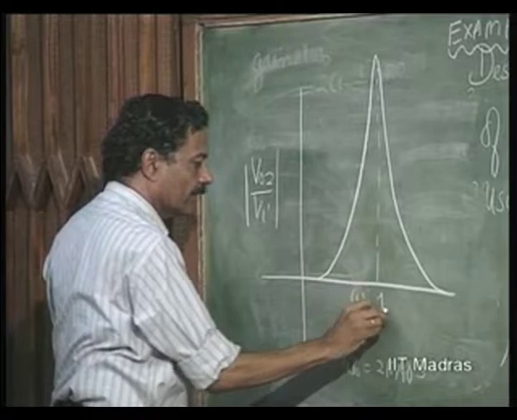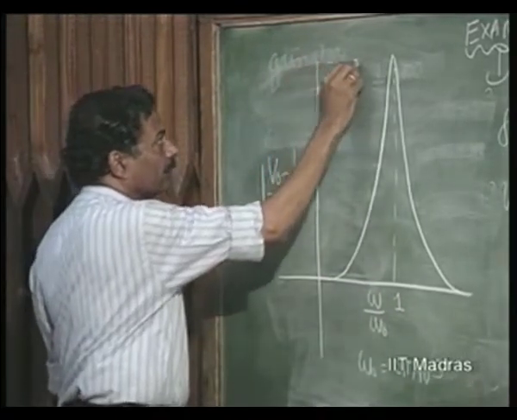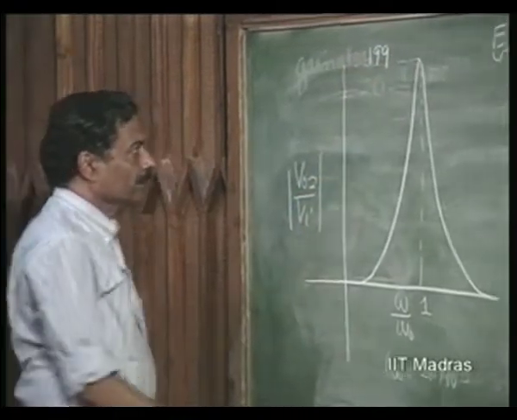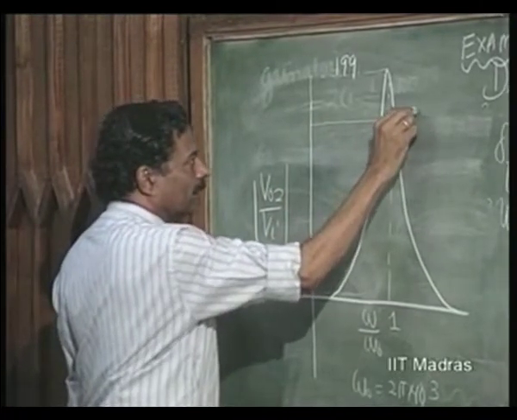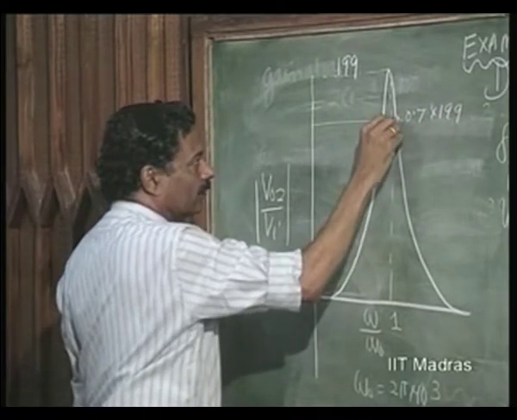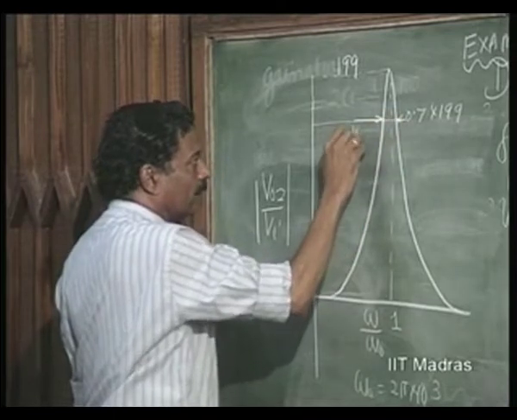This is going to be at 1, omega equal to omega naught, and this is going to be 199. And you take the bandwidth, which is 0.7 times 199 at these 2 points, this will be 10 hertz.